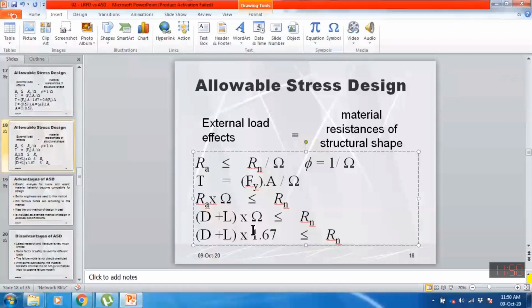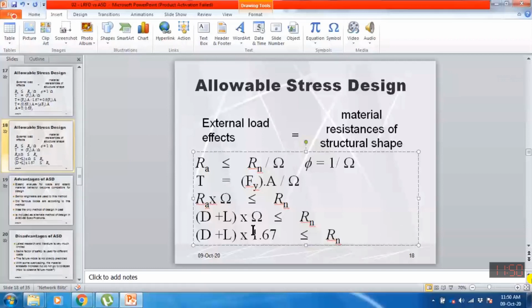Maybe one chair is 50 kilograms, another 52, another 48, and a maximum weight of a single chair may be 60. The self weight of a chair may not increase by more than maybe 10%, 20%. So I should not increase the dead load by 67% because that is quite unrealistic.